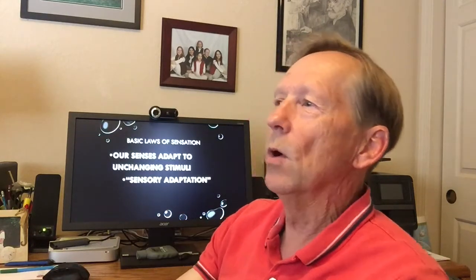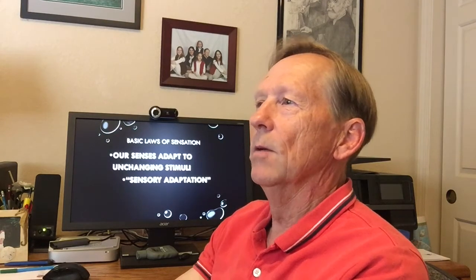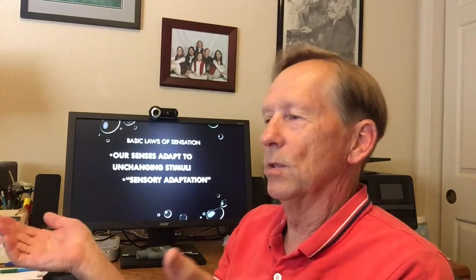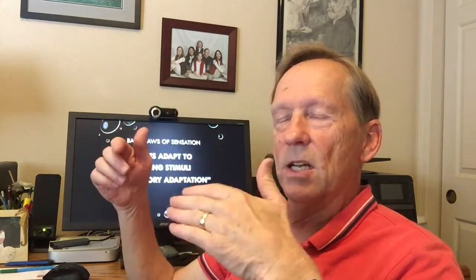The reason why we don't notice sensory adaptation with vision in our everyday life is because we never really have an instance where something is truly unchanging. The fact is our eyes are constantly moving. Because they're constantly moving, the same cells that are doing the job of transduction in the retina are not ever going to tire out.